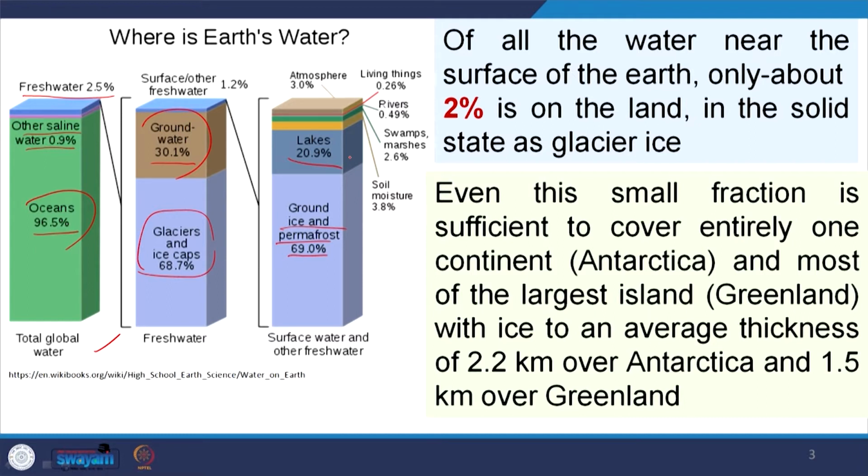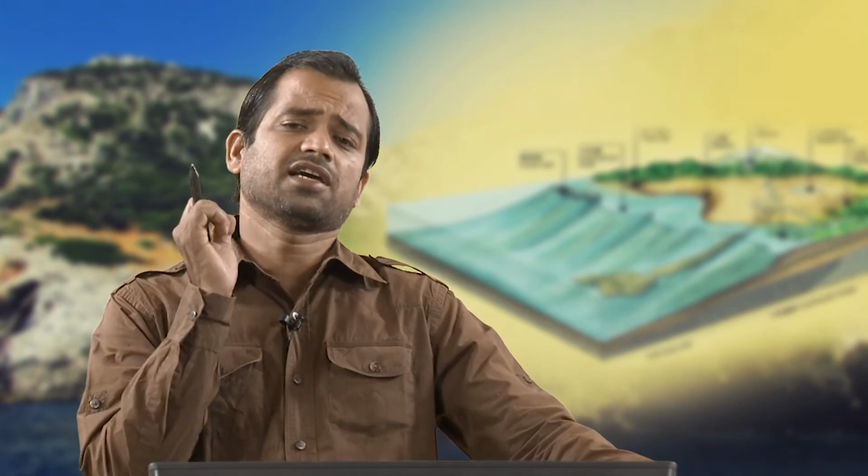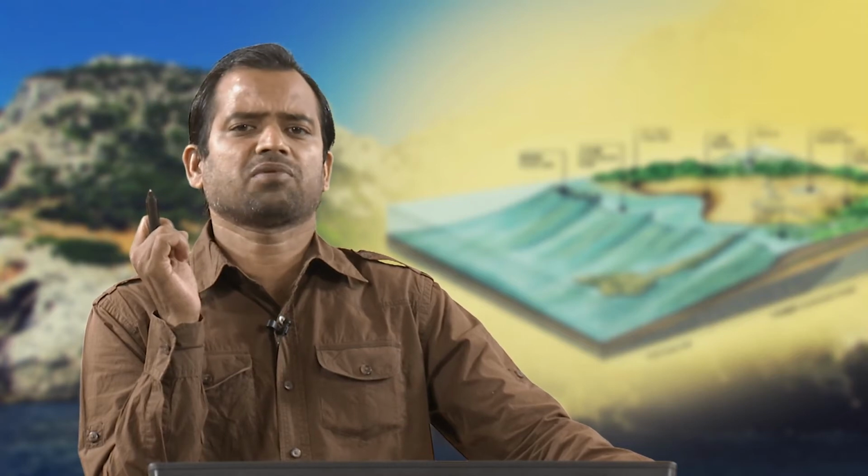So, we can say this glacier only occupies 2% of the water, confined as solid state, in the form of glacier ice. Even this small fraction, this 2% of water, is sufficient to cover an entire continent, Antarctica, and also Greenland, in ice, to an average thickness of 2.2 kilometers in Antarctica and 1.5 kilometers in Greenland.